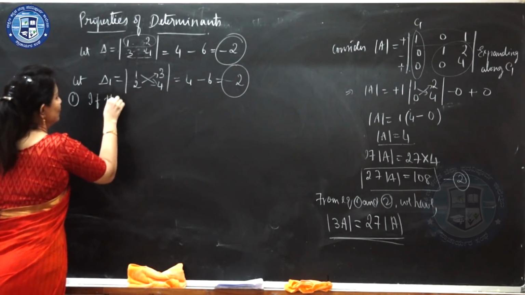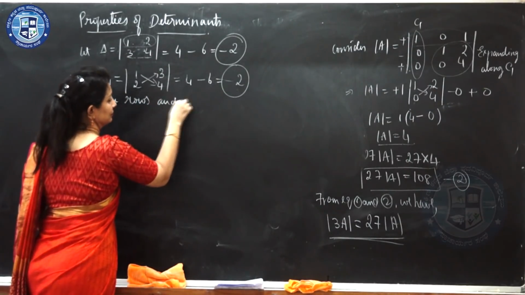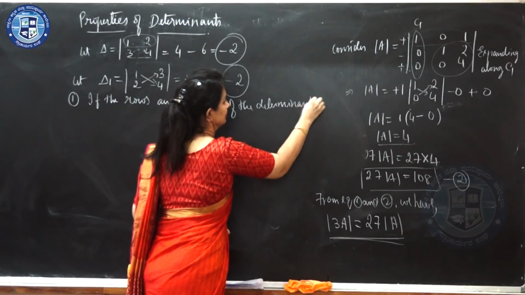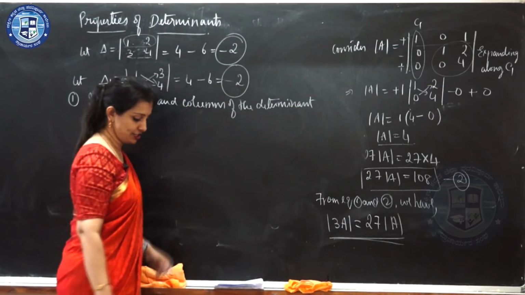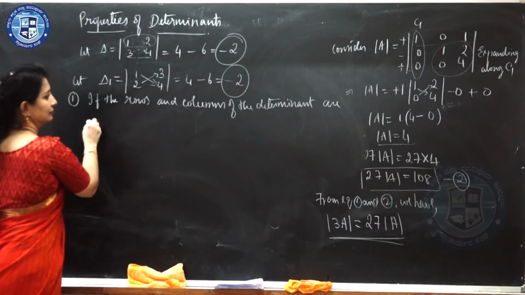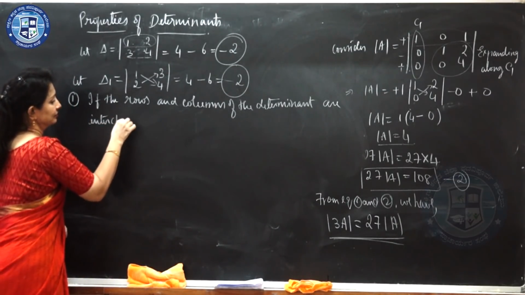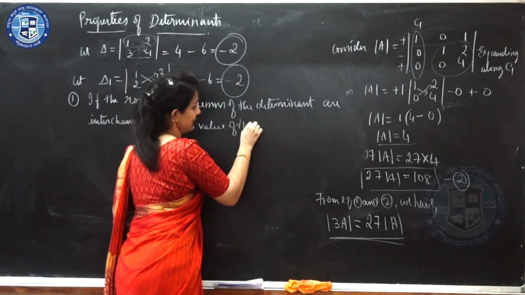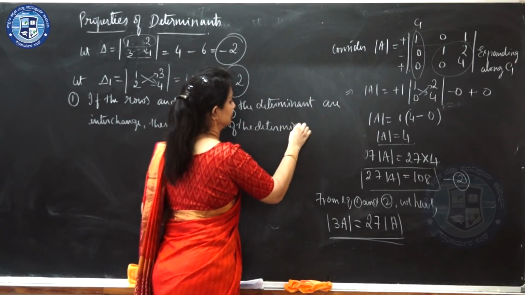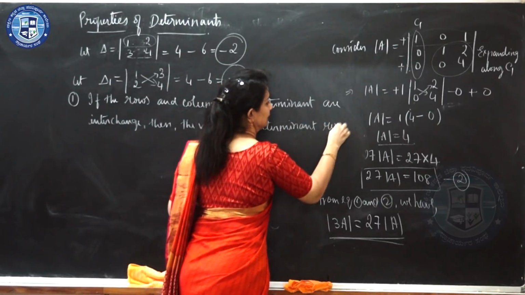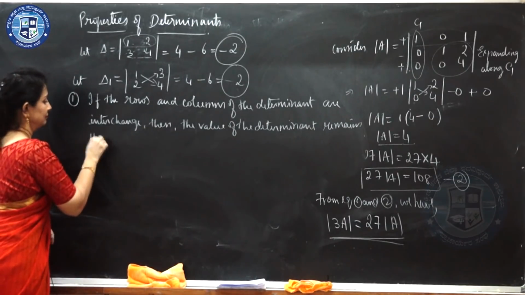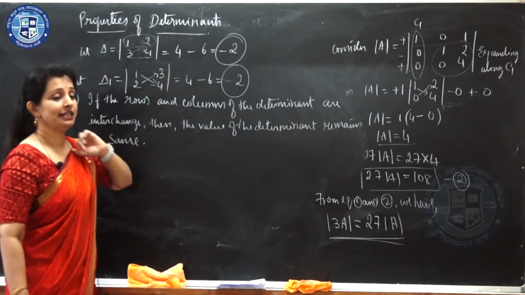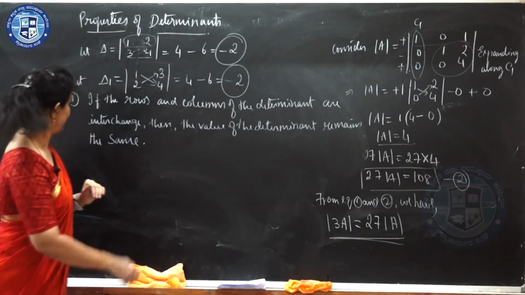The value of the determinant remains the same even if you interchange the rows and columns. You can verify this. Verification.